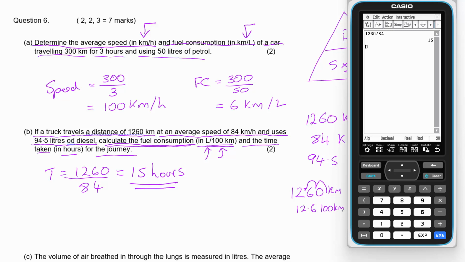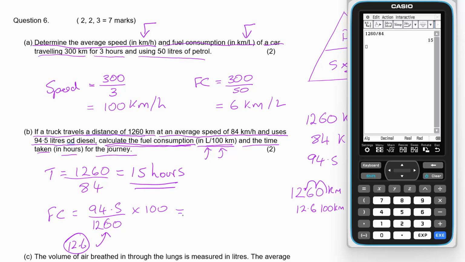Or the other way of doing that would be to do the number of litres used, the 94.5, divided by the distance, and then multiply that by 100. So either is equivalent. So here you could divide by 12.6 because you've got 12.6 lots of 100, or you could multiply by the 100 afterwards.